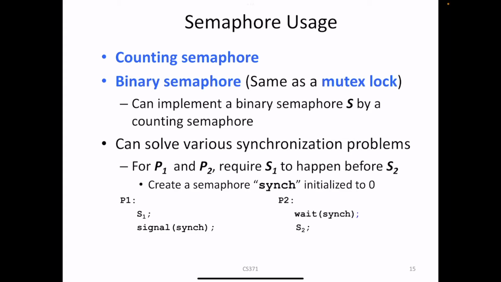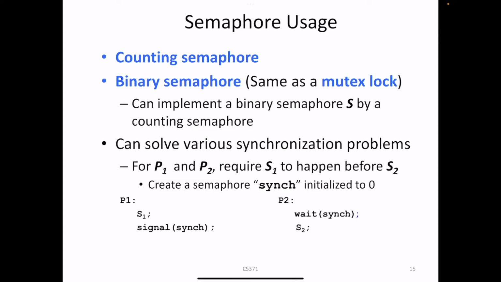If you want to release the semaphore, you increase the semaphore to 1. So binary semaphore and mutex lock are essentially the same. As we have mentioned, a semaphore is more flexible than mutex locks, so it can solve various synchronization problems.